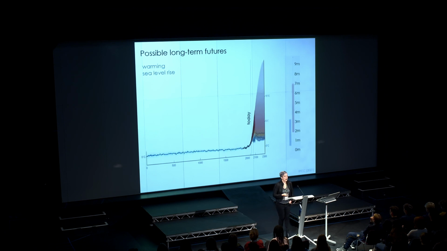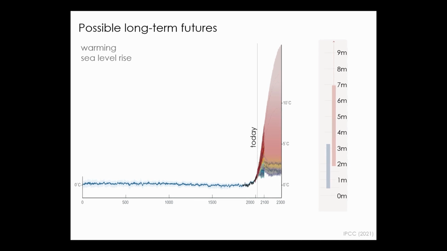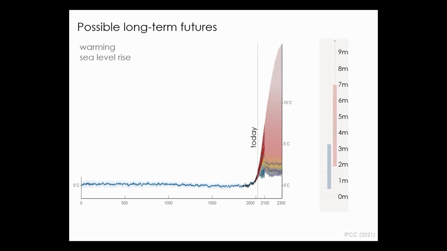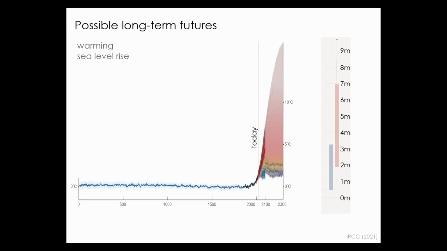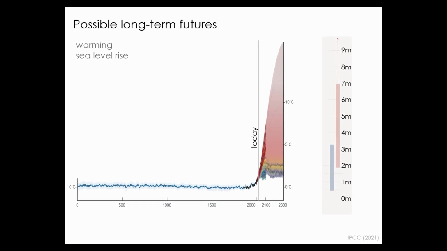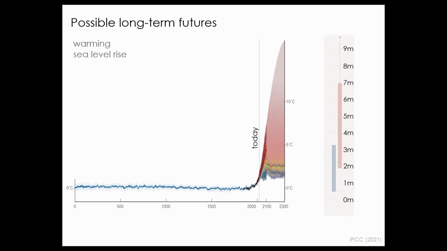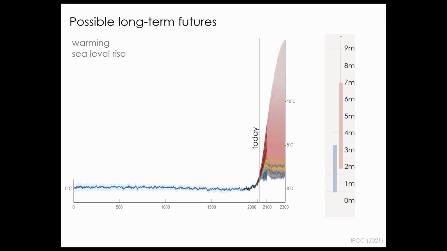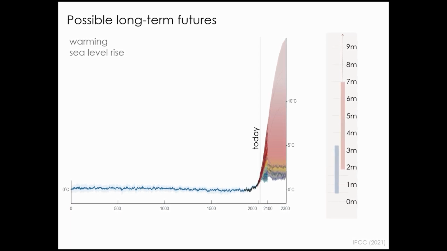So this is a graph from the IPCC report just last month, or 2 months ago. And what it's showing is quite how much difference our choices can make to the long-term future. On this side here, we have temperatures over 2,000 years looking really stable, that really stable blue line there.